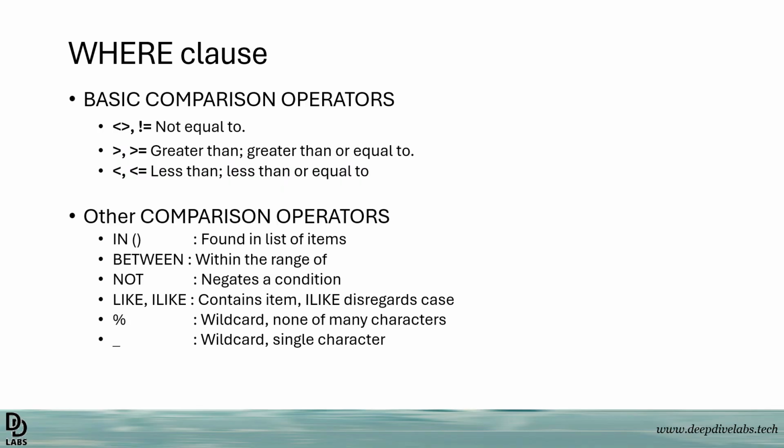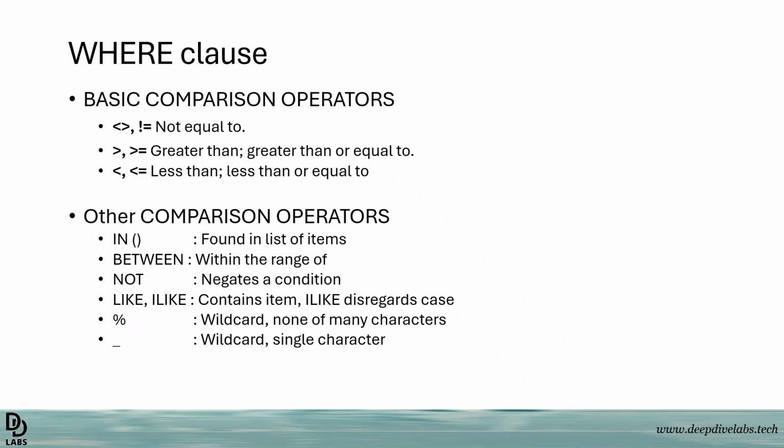Other than comparative operators, you can also use a few of these comparison operators, like the example we saw, where in, so department number found in a list of items, right? Where salary range is between a certain range, within a range of values. Whereas not negates a condition. We can look for where a particular column matches like a particular pattern, right, contains a particular item.